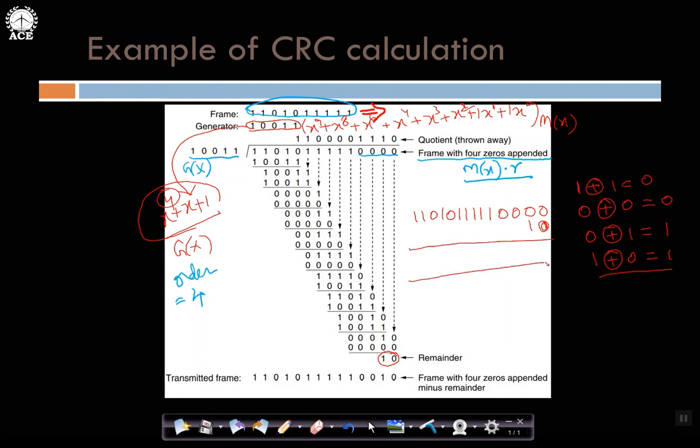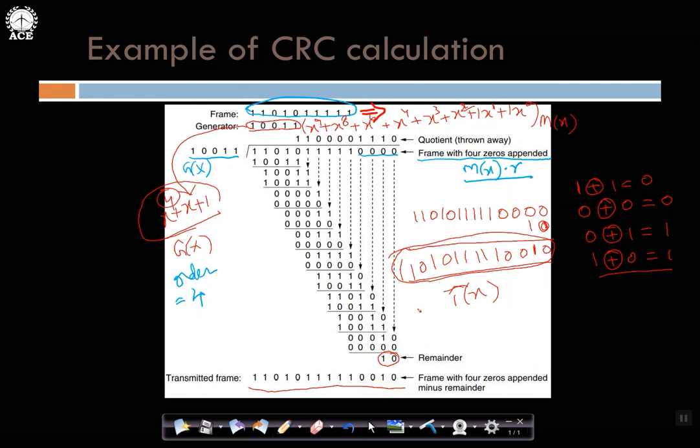So what will I get? This is 0, this is 1, exclusive OR, and the remaining bits as they are. Now this is what is called T of x, the transmitted message. We are transmitting this frame with 4 zeros appended minus the remainder. So when I do the minus here, I get this value.